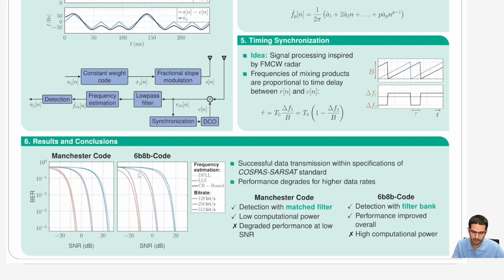So that's why it leads to a considerable improvement of the BER performance, but this comes at the cost of way higher computational power needed for the detection with a filter bank, which compares each of the possible sequences to the one estimated by the system.